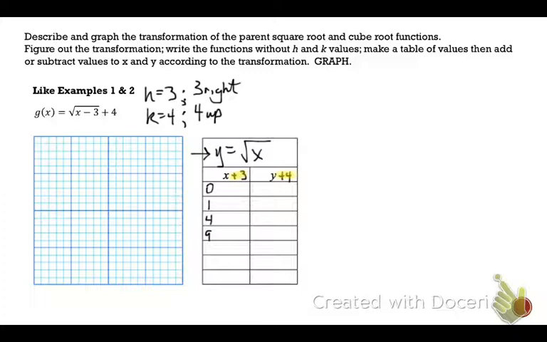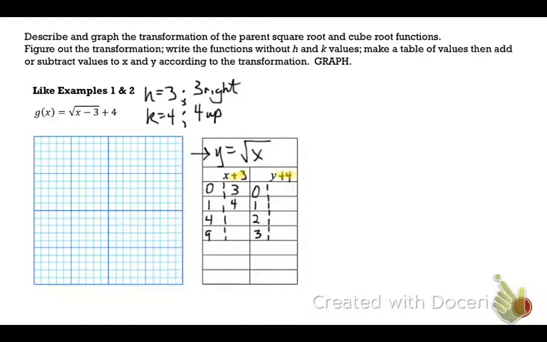So if we plug in our perfect squares from 0 to 9, we'll get our square roots, and then what we do is algebraically we do the math and make the shift. So we don't have to put 2 graphs on there. It'll just be one transformed graph, and we'll have the best possible points that we can.